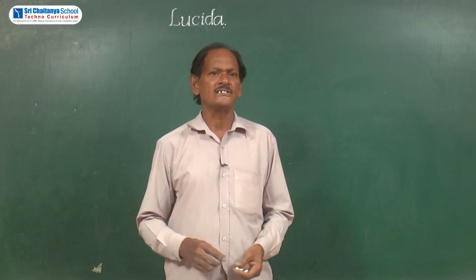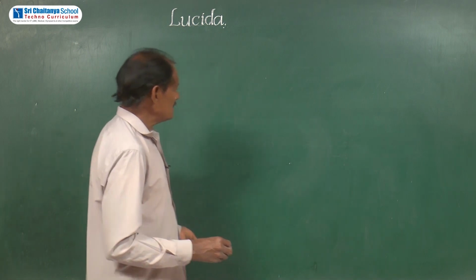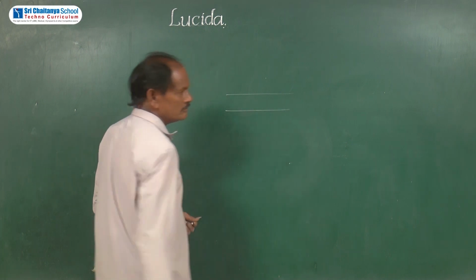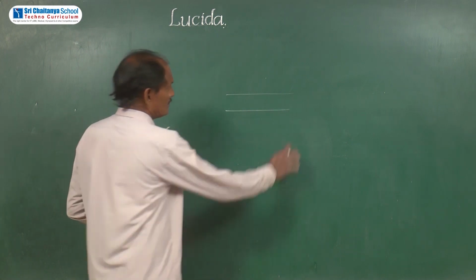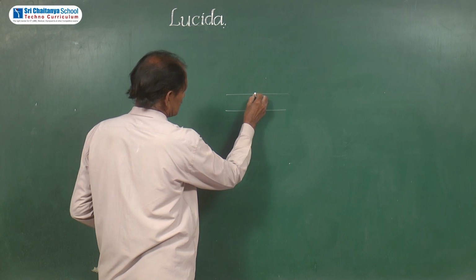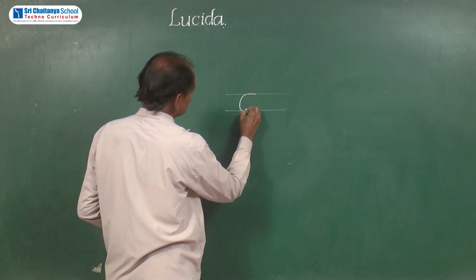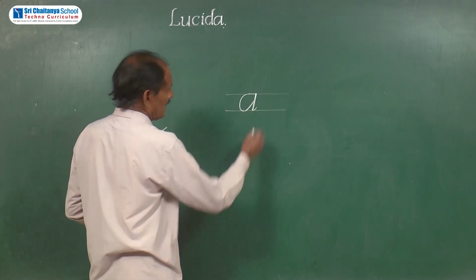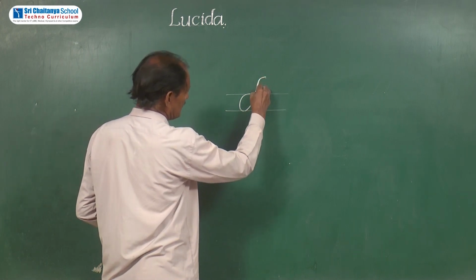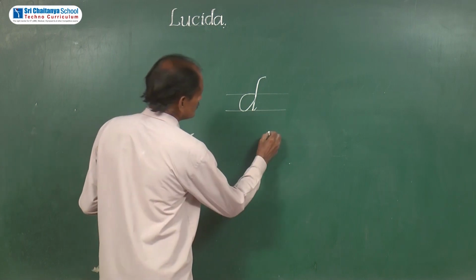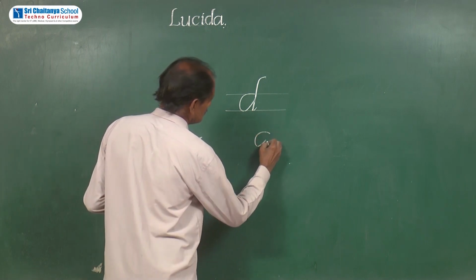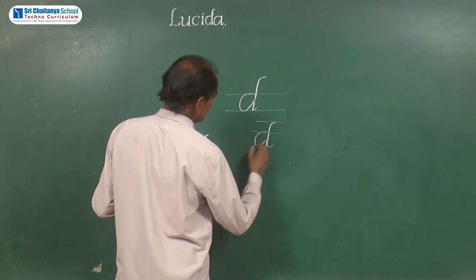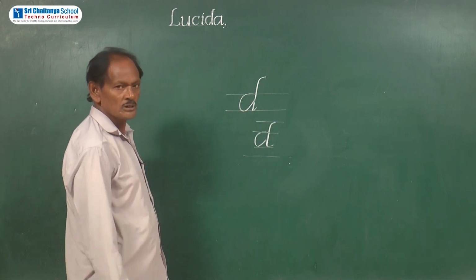Okay? And next, if you have written the letter D, the base of the letter is this one, and the stroke should be drawn like this. This is the letter D. Okay?